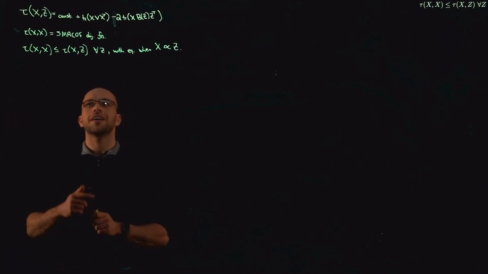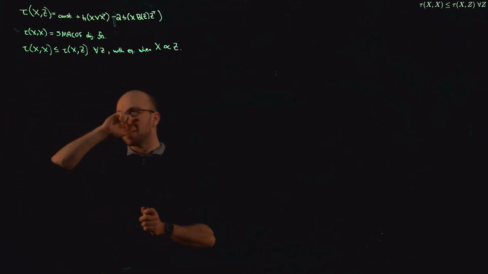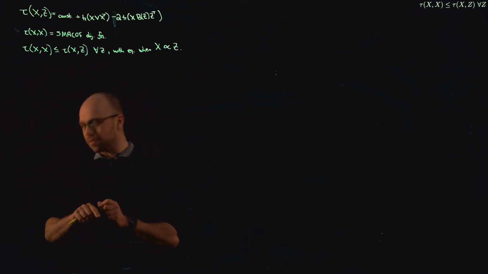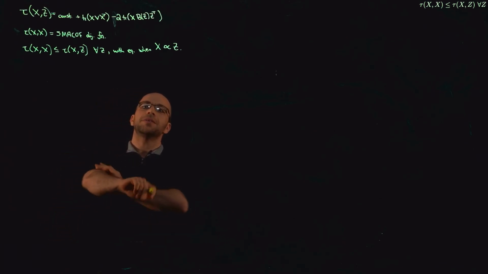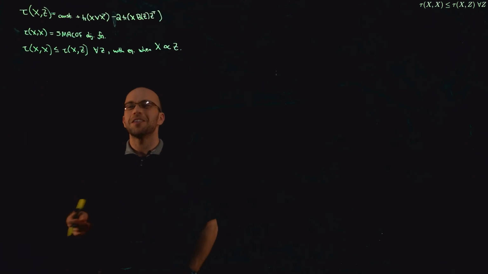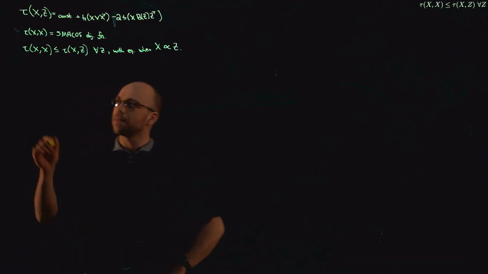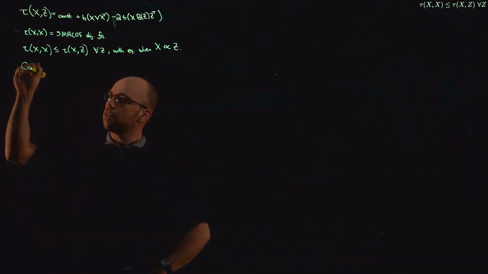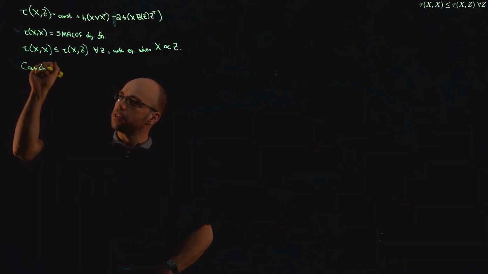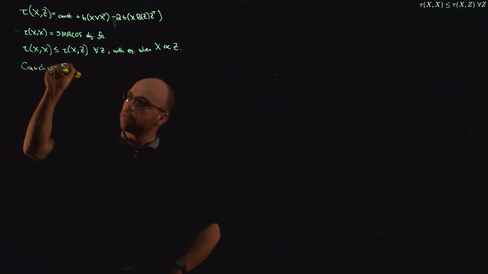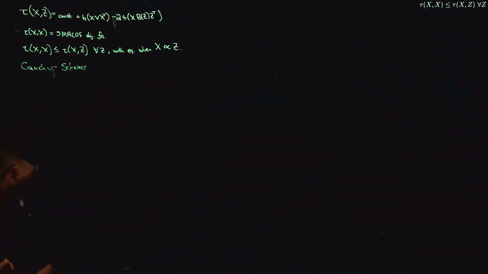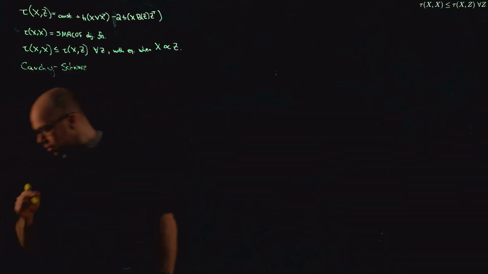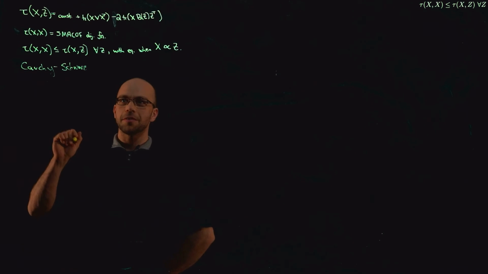Okay, so again, remember that our goal is to show that tau of X comma X is less than or equal to tau of X comma Z. In order to do that, we're going to make use of a corollary of the Cauchy-Schwarz inequality. So here's our review, here's Cauchy-Schwarz inequality. In particular, we're going to apply it to a very carefully chosen pair of vectors.